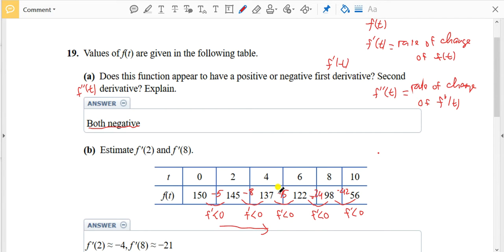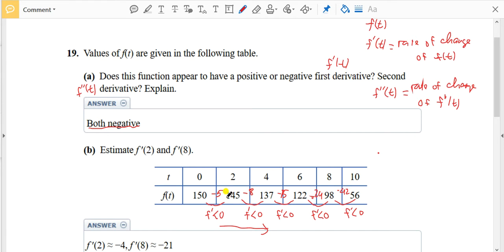Then the next one, you subtract 15 to get to 122, then you subtract 24 to get to 98, and you subtract 42 to get to 58. So you can see that it's decreasing by larger and larger negative values.